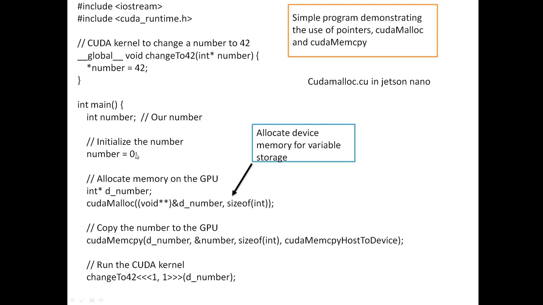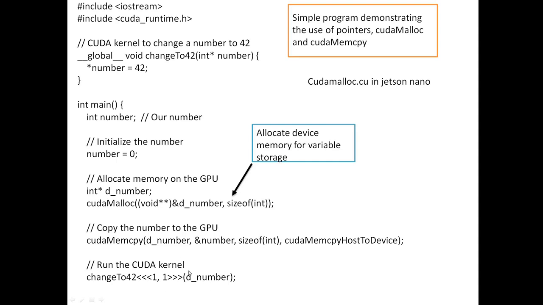You send 0, it's like you are sending a child to the school, and at the school his name has been changed and his age has been changed and he is sent back. So this function changes the number value to 42, launched with 1,1. This is the syntax for that.